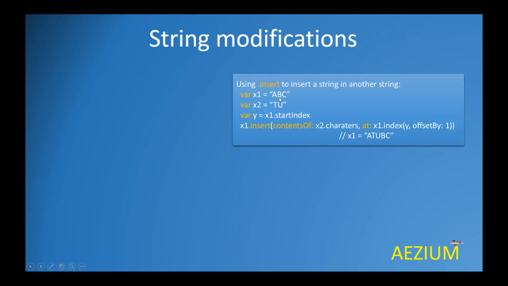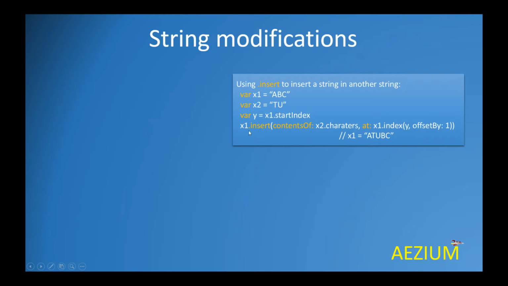So we are going to start with the index of b, because y is 0, offset by 1 is 1. So index 1 corresponds to b. So we want to insert these characters, which are t and u, at the position of b. So this would be the result.